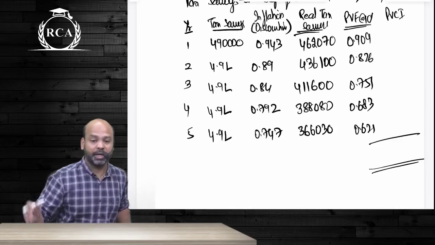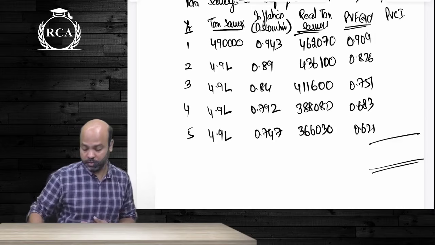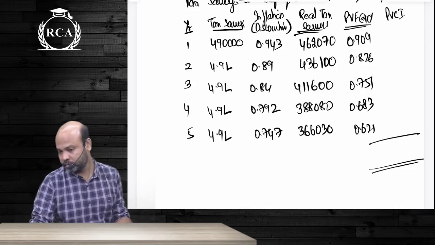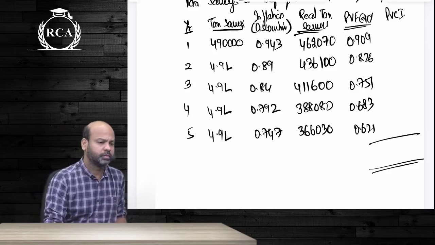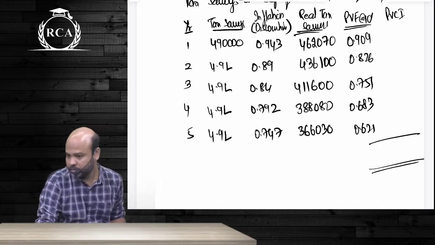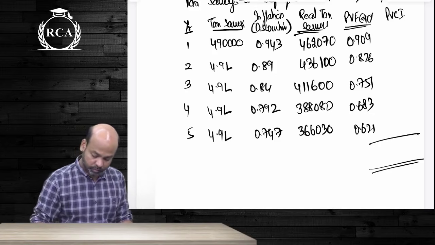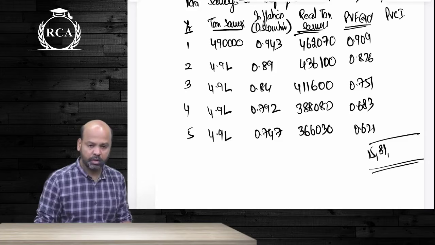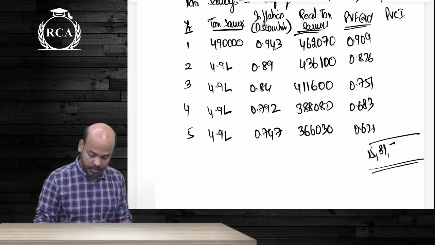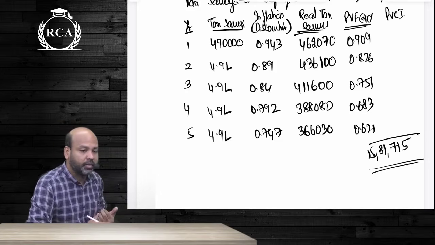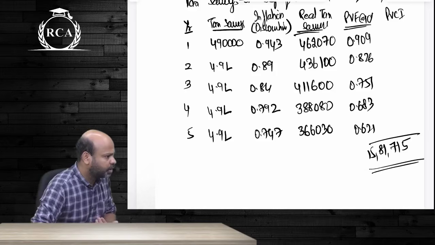Can you just multiply and tell me the sum total, guys? 15,81,715. The value as such, guys, will become 15,81,715 rupees. Are we clear about this?